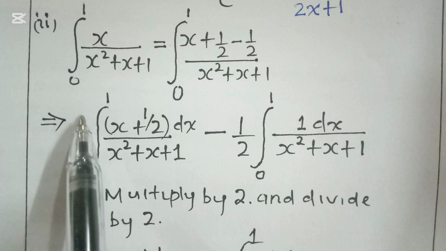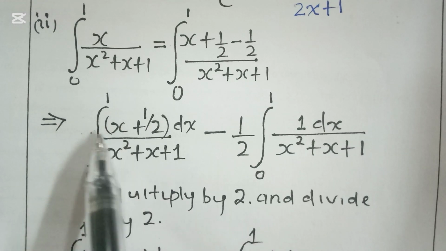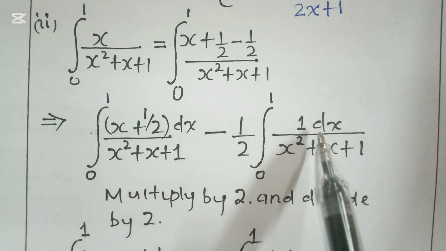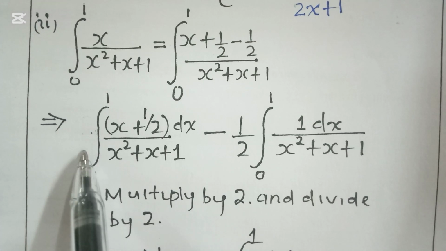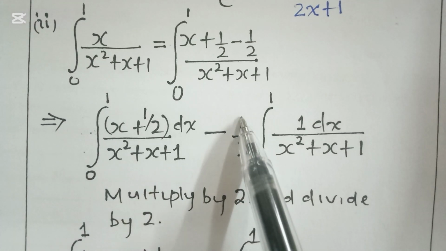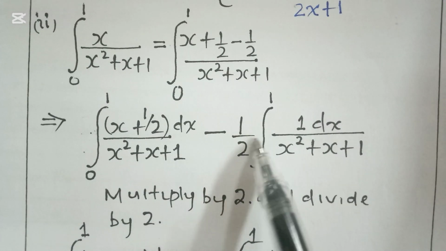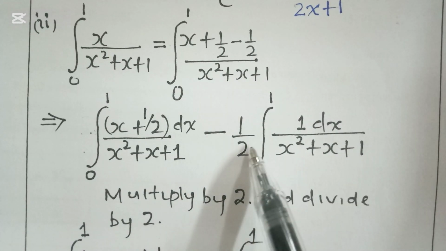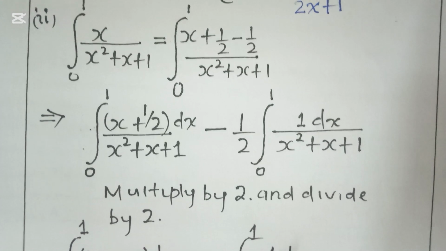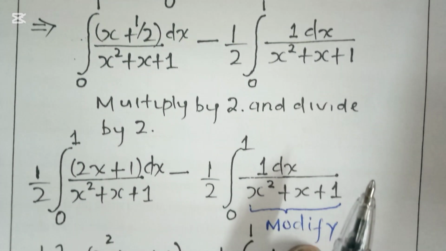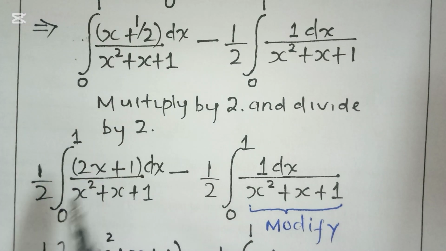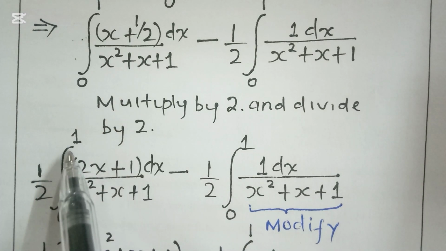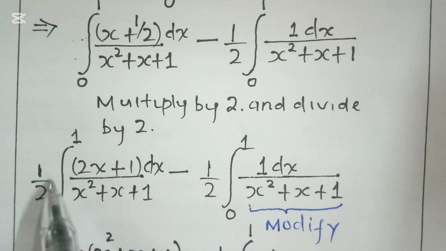Throughout, multiply by 2, divide by 2. So this expression will not change, because 2 over 2 will cancel, and it will be left with a half. Now it is 2x + 1, and the 2 that divides is right here.